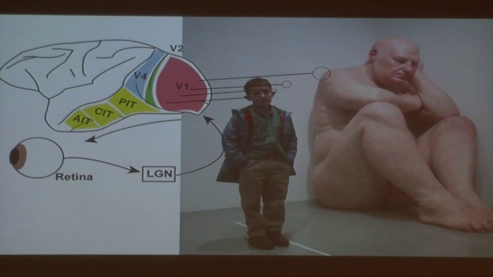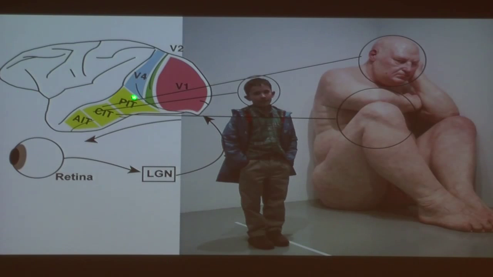What do I mean by that? So I told you that as you march across early visual cortex, you march across visual space. But as you march across higher visual cortex in the temporal lobe, you march across categories. So you can record from face selective cells here, and then you move over a little bit and you'll find you're recording from body selective cells.